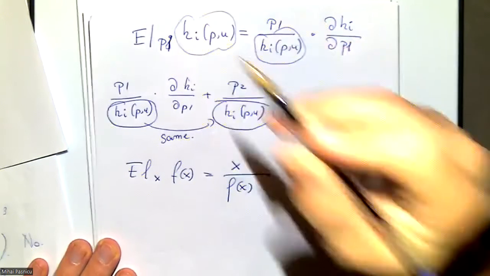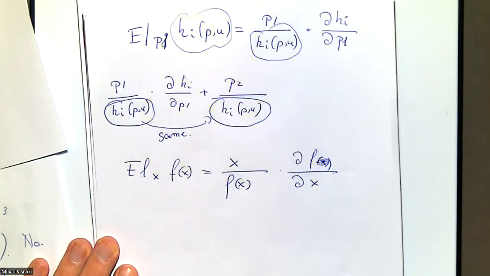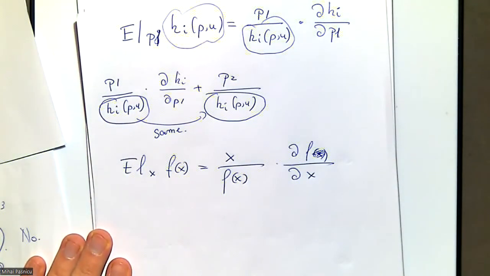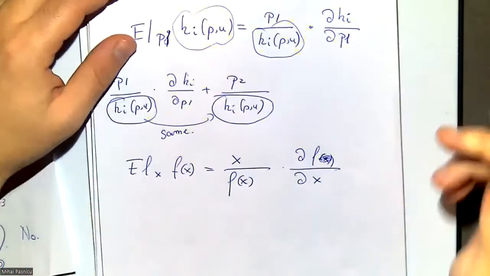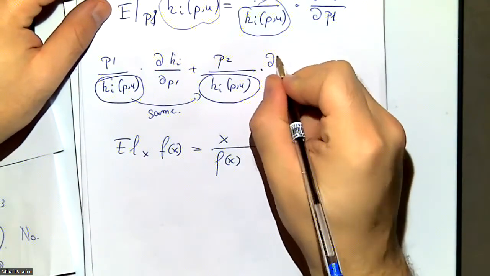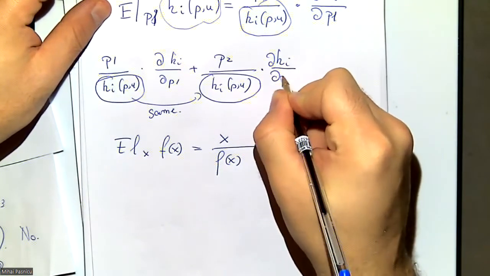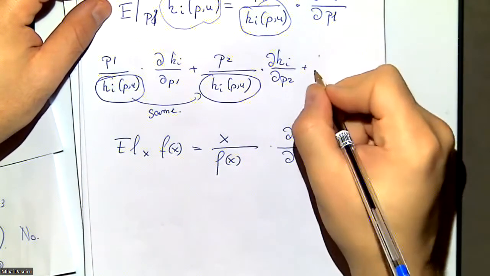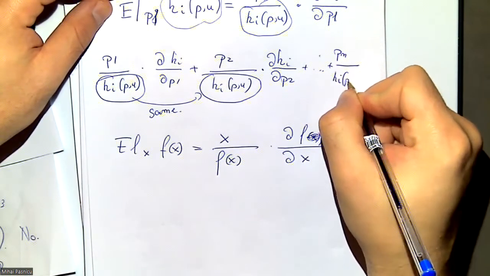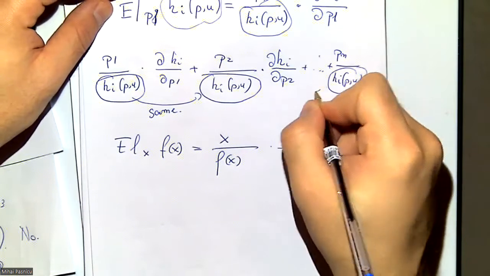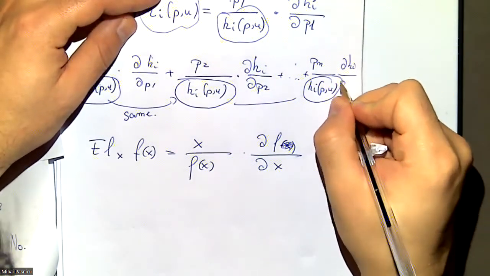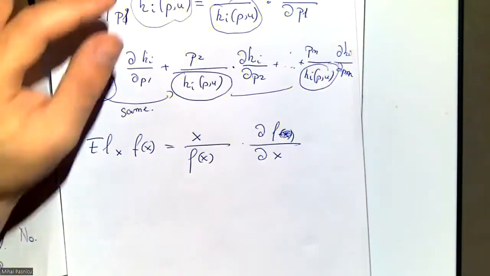It's the same function for P1, P2, Pn. So continuing my multiplication here: derivative of h_i with respect to P2, plus ... plus Pn over h_i times the derivative of h_i with respect to Pn.